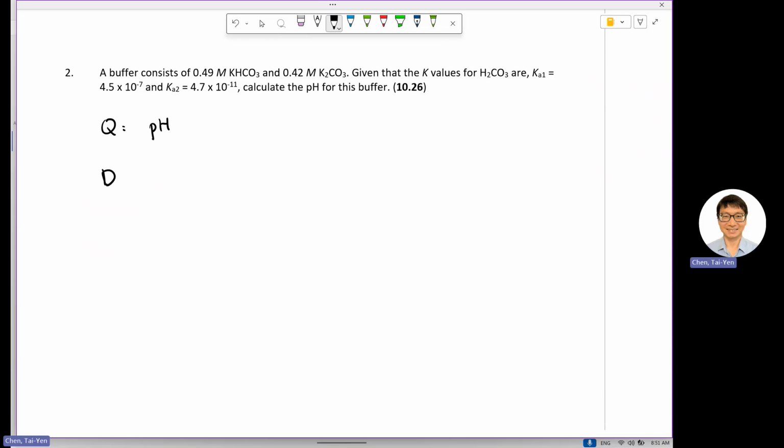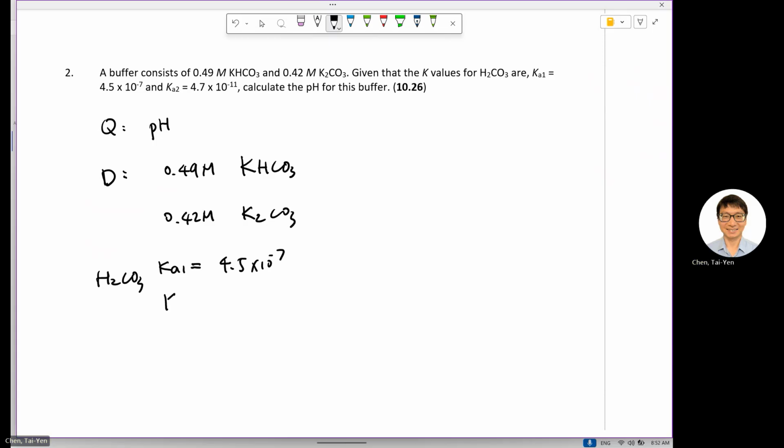Data: you have 0.45 M KHCO3, 0.42 M K2CO3, and Ka1 for H2CO3 equals 4.5 times 10 to the negative 7. Ka2 equals 4.7 times 10 to the negative 11. So that's all the data you have.